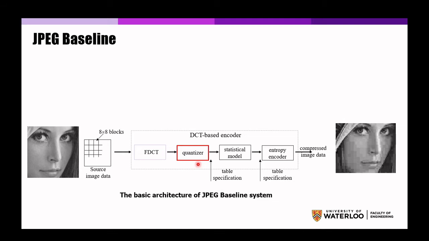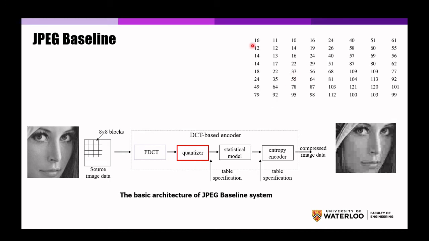What does lossy mean? It means it is an irreversible operation. This stage can use different quantization tables, like this one. As you can see here, the quantization goes from the low frequency component to the high frequency component, and the numbers get larger as we reach the high frequency components.